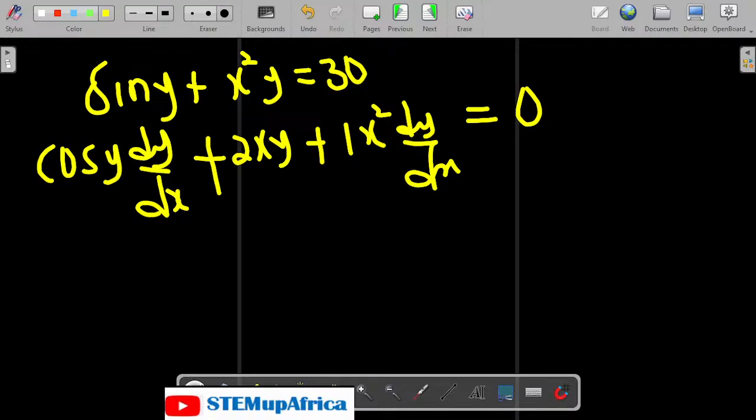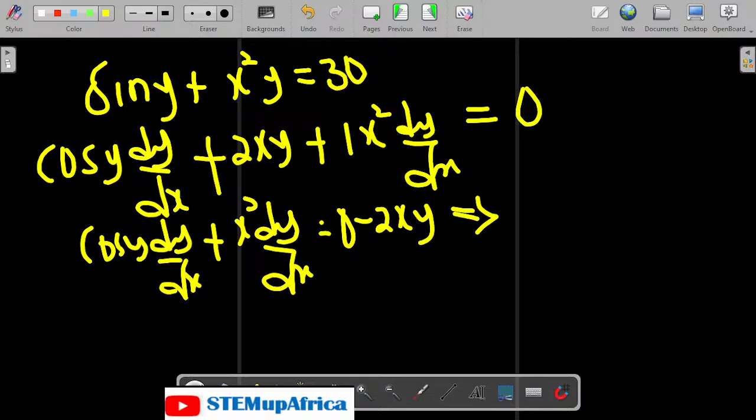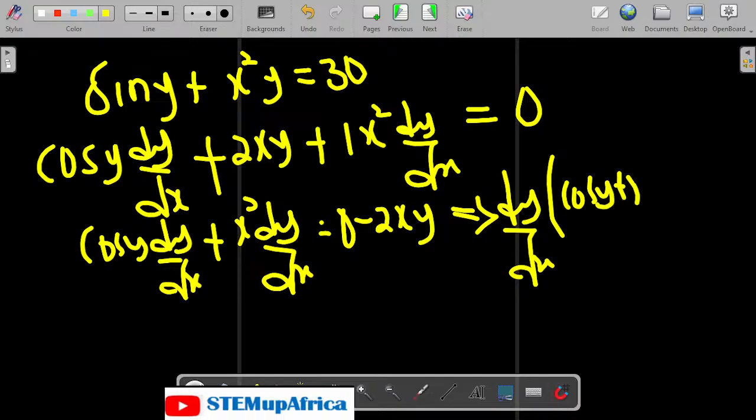So I can make dy/dx the subject. I'm having cos y dy/dx plus x squared dy/dx equals 0 minus 2xy. If I factorize the left-hand side, where dy/dx is common, I have dy/dx times cos y plus x squared equals minus 2xy.